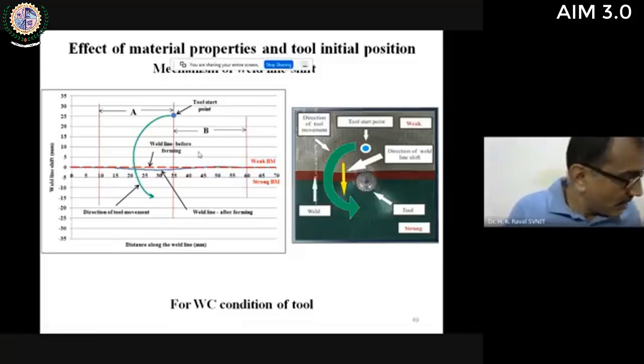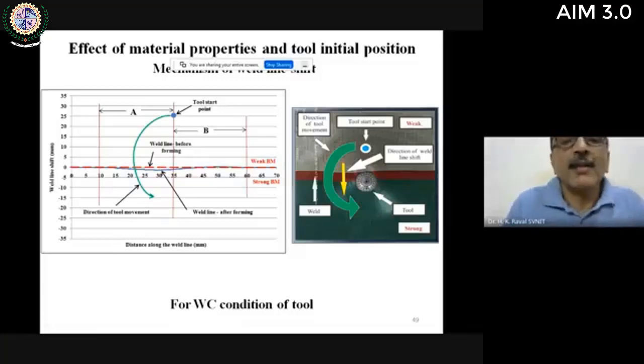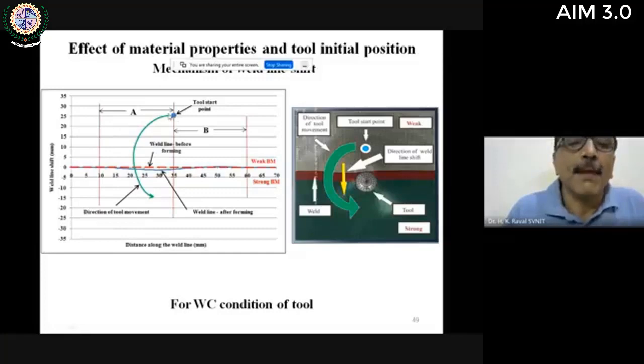This figure says that the tool starts from this point and moves from the weaker material to the stronger material. The tool starts from the weaker center point; we can see WC is the weaker center point. This is the point which is pressed first, or the point where deformation takes place first.